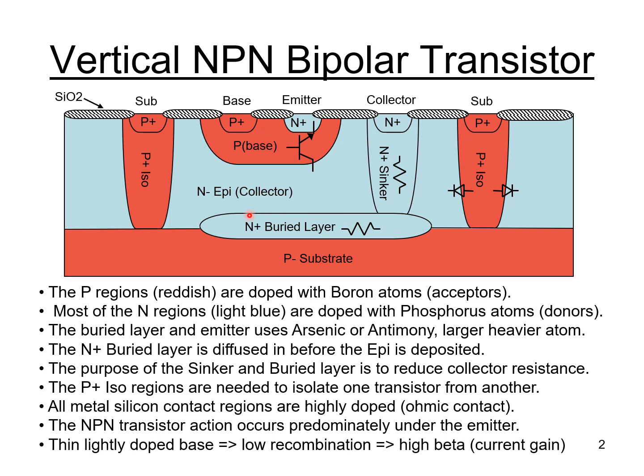The purpose of the N+ sinker and the N+ buried layer regions is to lower the collector resistance of the transistor. So carriers that are being collected in the collector will have a way to get to the surface through a fairly high dope region, meaning the buried layer and N+ sinker combined.